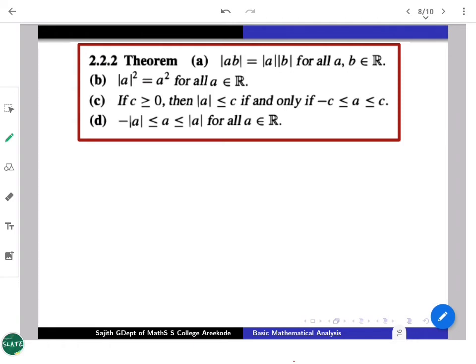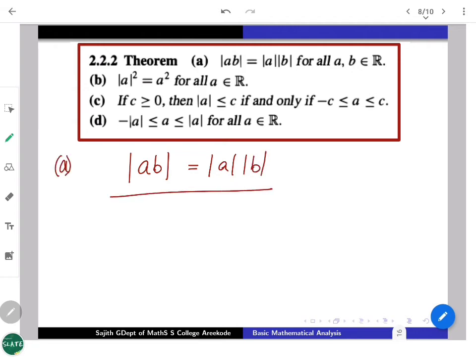There are 4 parts. What it says first is, 2 real numbers a and b are supplied. Just take the product, that is ab. On that product ab, you find the modulus. That is going to be the same as the product of their moduli. That is what the first condition says.